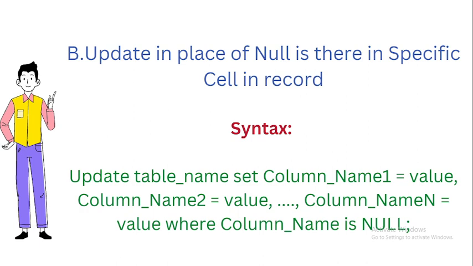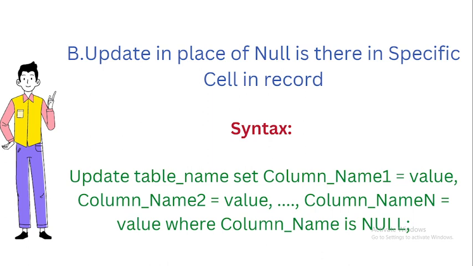It means wherever the value is unknown for a particular column, if later we know the value and we want to put a value for that unknown column, then we have to use this syntax: UPDATE table_name SET column_name1 = value, column_name2 = value, ..., column_nameN = value WHERE column_name IS NULL.